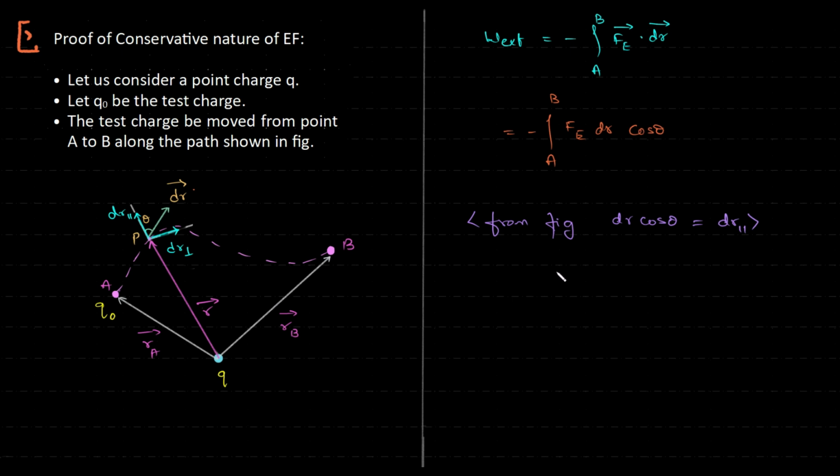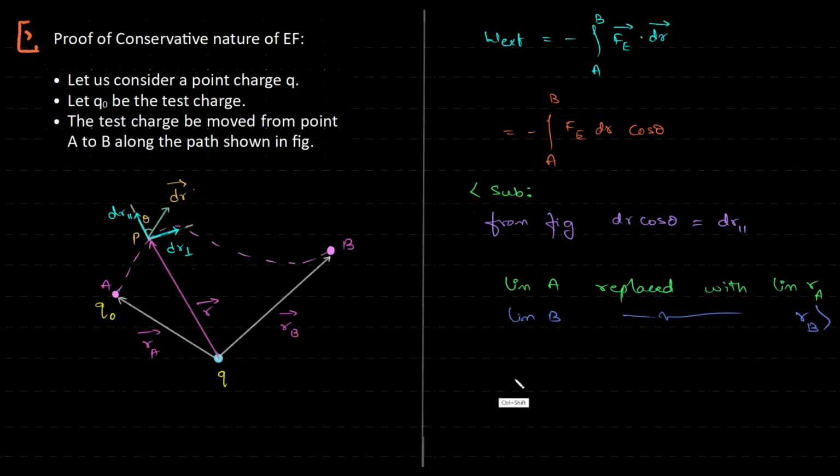Now, also, if I'm going to substitute this, so we are substituting this actually. If you're substituting this, what will happen to the limit? Limit A will be replaced with limit RA, and limit B to be replaced with RB.